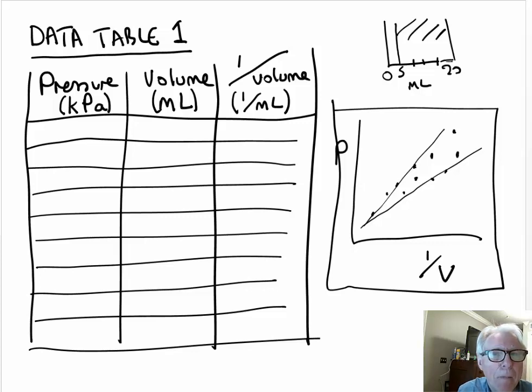For 12 milliliters, the pressure was 123. And for 15 milliliters, the pressure was 105. They're all in kilopascals. So 5, 230; 7, 210; 10, 152; 12, 123; 15, 105. Plot me that graph. I'll do the same thing.